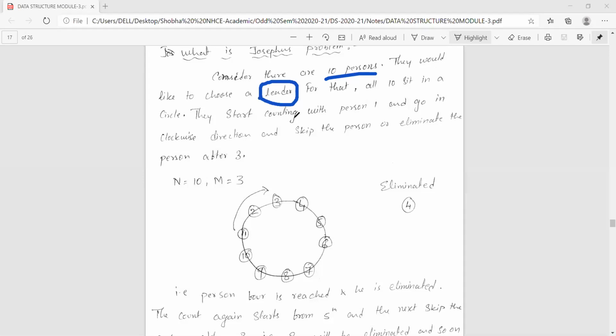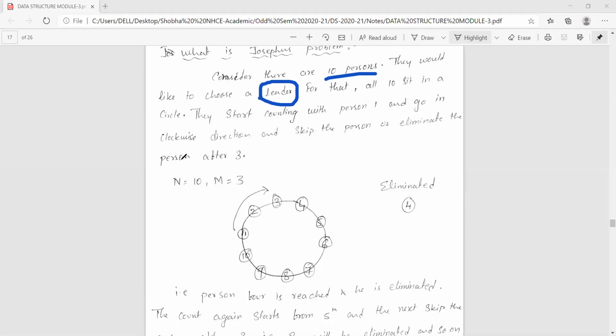Then they will start the counting from person one, the first person, and go in the clockwise direction. The number that is to be skipped is also given in your program.